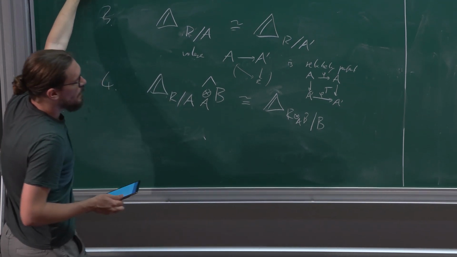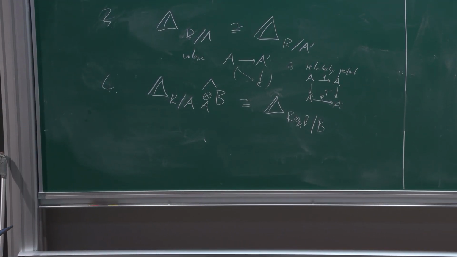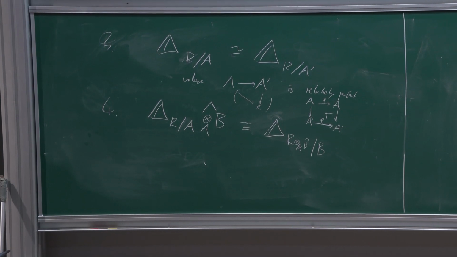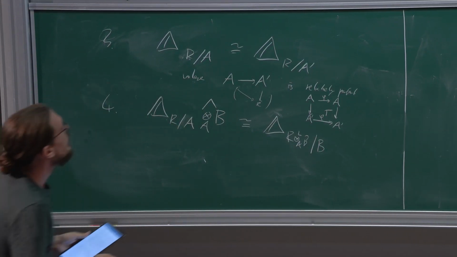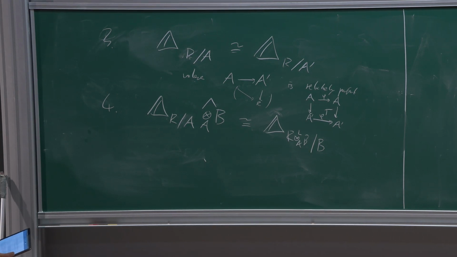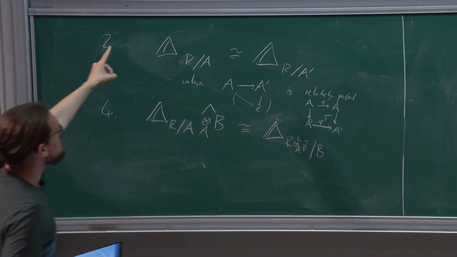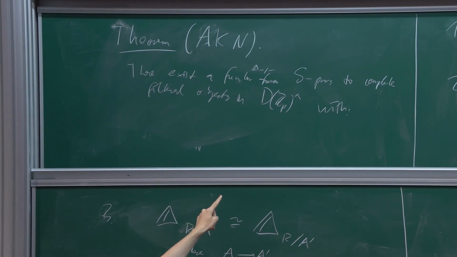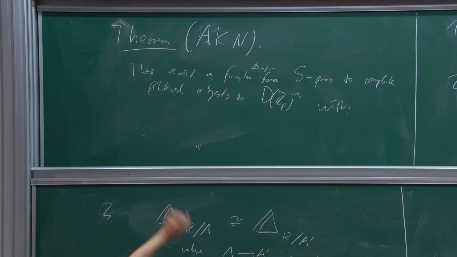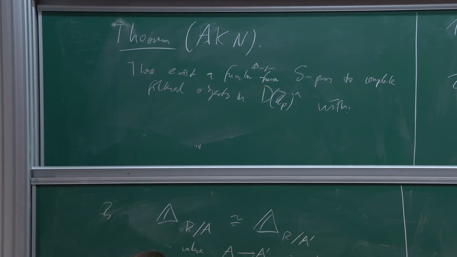So in 4, you take R tensor AB, is a derived tensor product? Yes. But then you didn't say that you're defining for derived thing. How do you define delta rings in the derived setup? I was trying to get around that. This is something that you can define for delta pairs, but it's also left Kan extended.